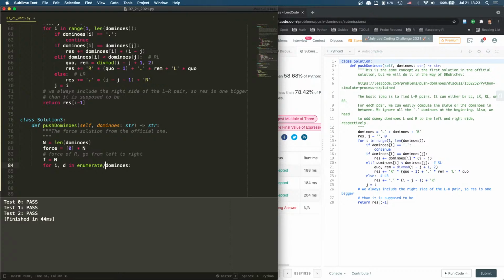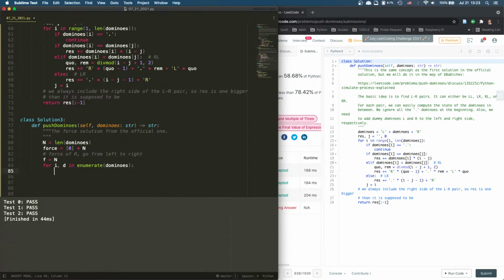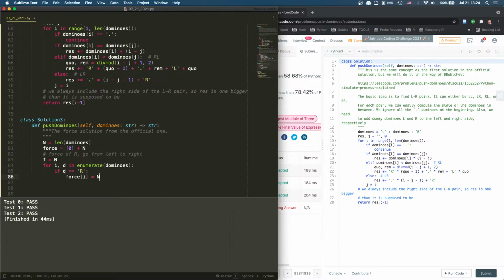So we have to populate the force, right? And say if D is R, then force I equals N. We can actually do F equals N, and at the end we always say force I equals F, right?